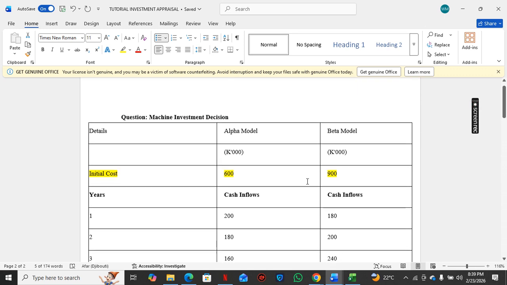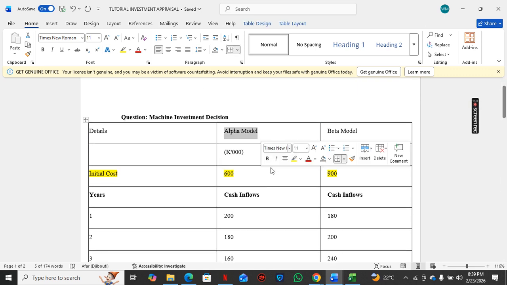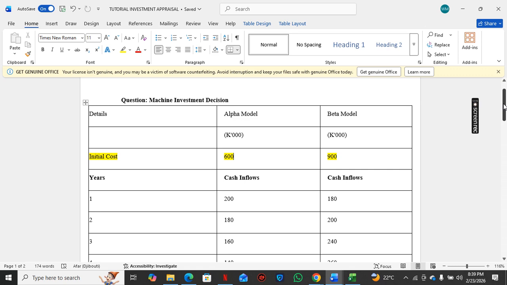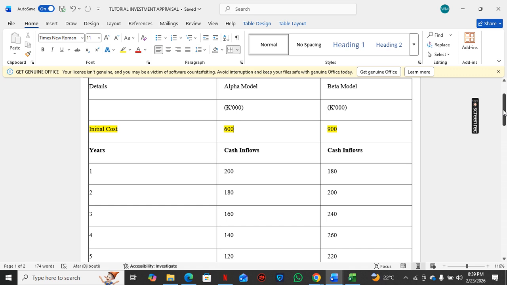We've got two machines we're looking at: the alpha model and the beta model. So we want to see which investment is going to give us better returns.